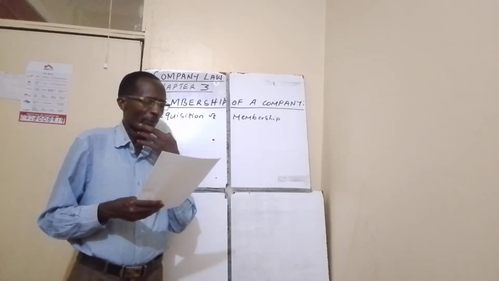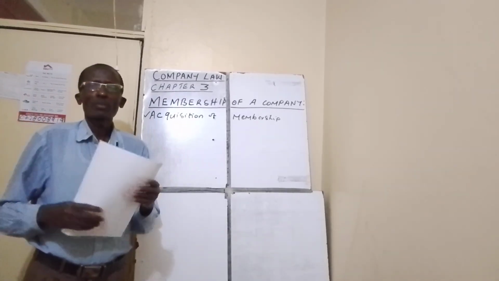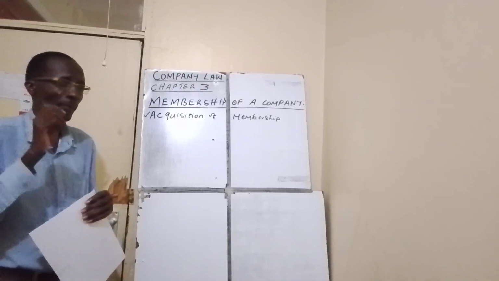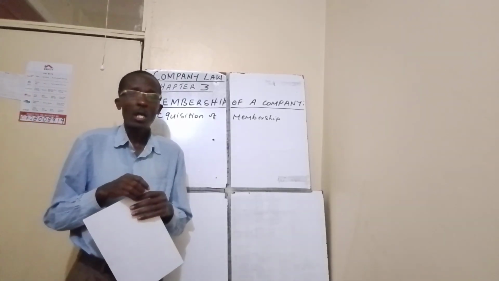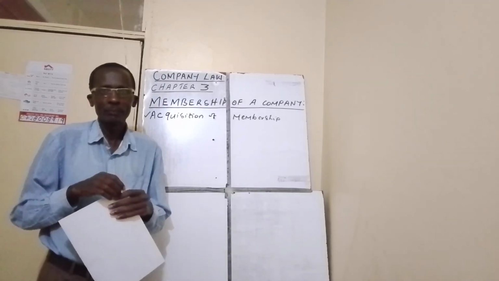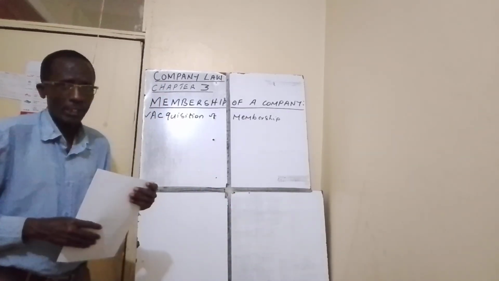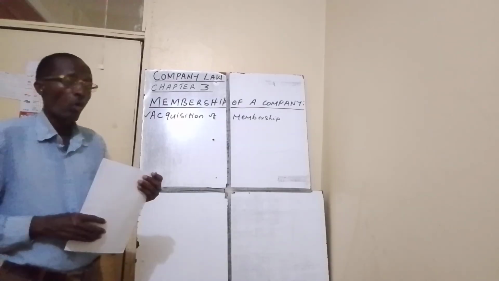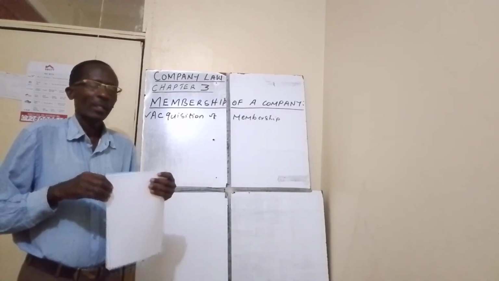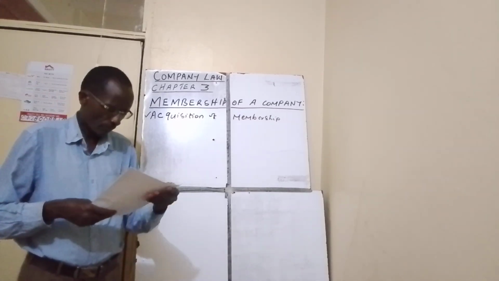Well, I will now discuss acquisition of membership. How can you acquire the membership of a company? In other words, how can you become a shareholder in a company? For the sake of examination, you should know the ways of becoming a member and explaining the meaning of the same.